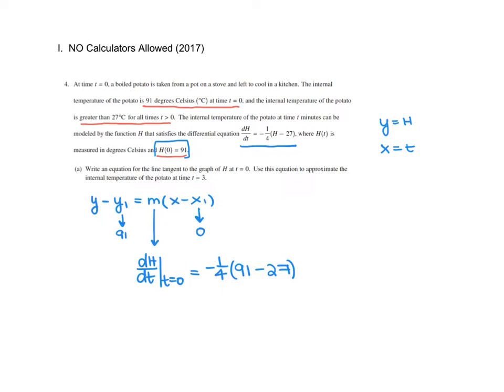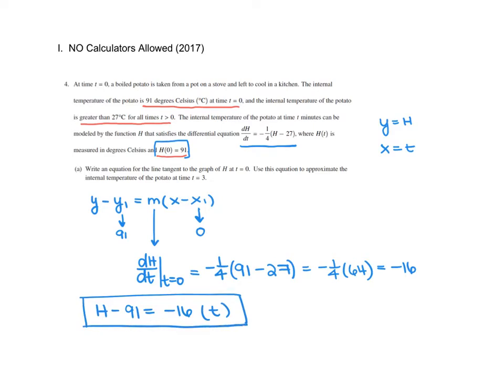So 91 minus 27 is 64, divided by 4. Then our slope of the tangent line is negative 16. So what we have right now is h minus 91 is equal to negative 16 times t minus 0. So this is our tangent line right over here.